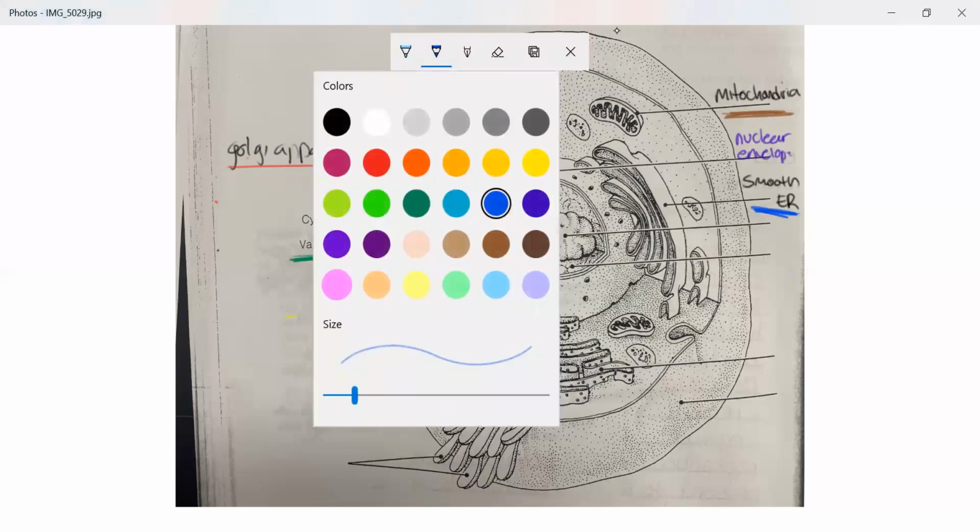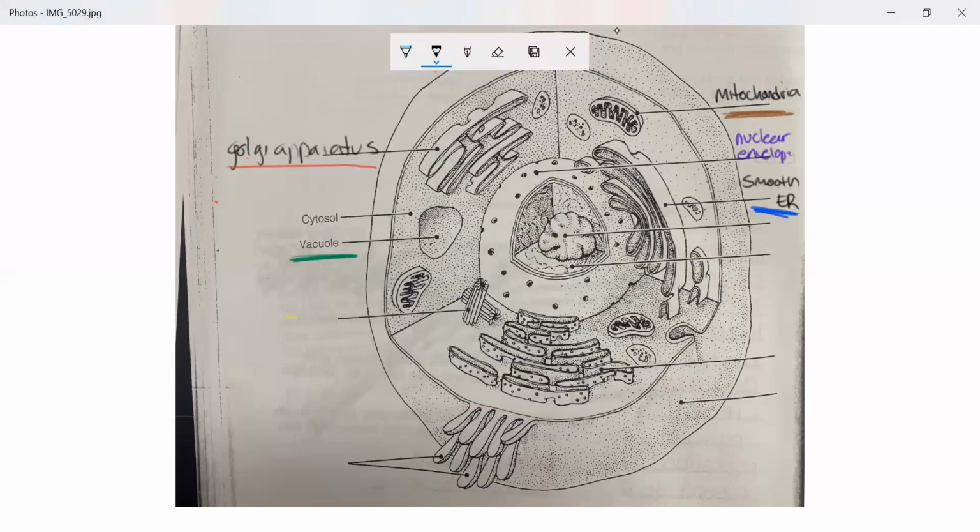Inside the nucleus, there's a structure called the nucleolus. I want you to make the nucleolus pink. Next, we have the contents inside the nucleus. That's going to be called chromatin, which is another word for DNA.